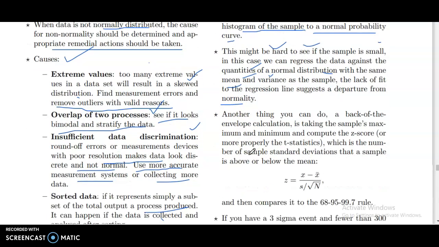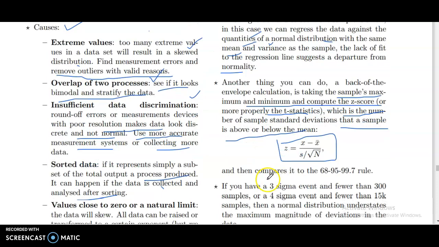Another thing you can do, as a back of the envelope calculation, is take the sample's maximum and minimum and compute the Z score, or more properly the t statistic, which is the number of sample standard deviations that the sample is above or below the mean.